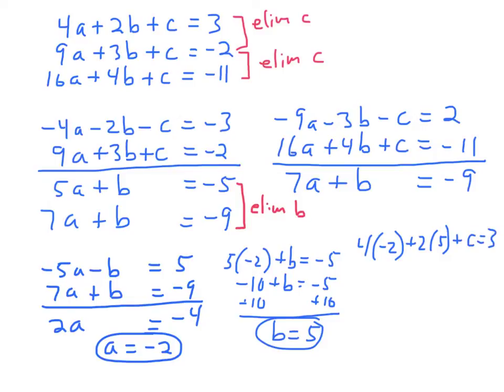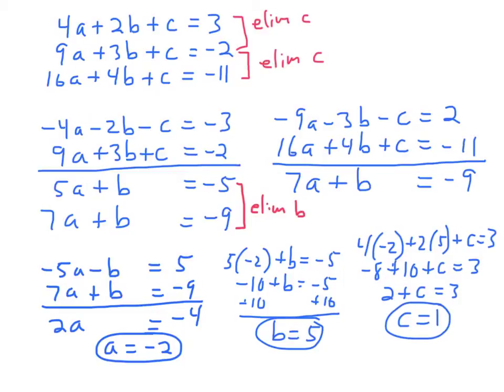So negative 8 plus 10 plus c equals 3. So 2 plus c equals 3. And if you subtract 2 from both sides, c equals 1.